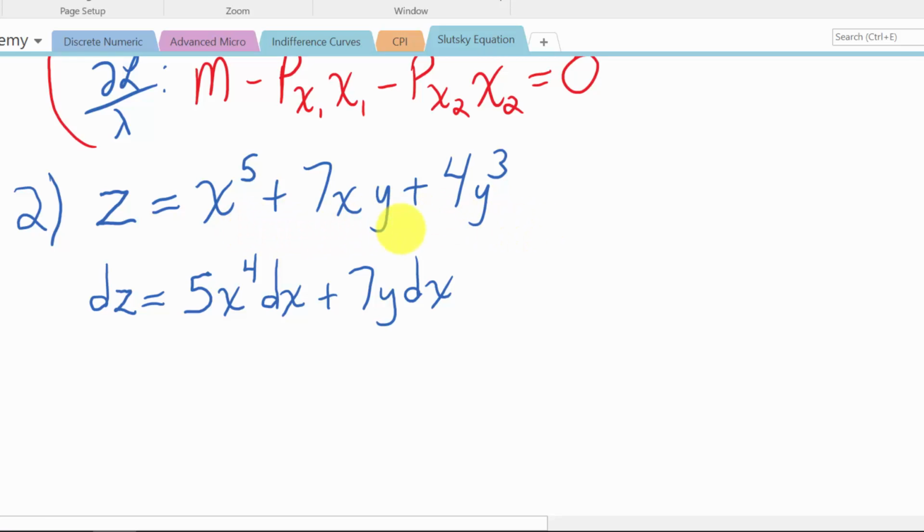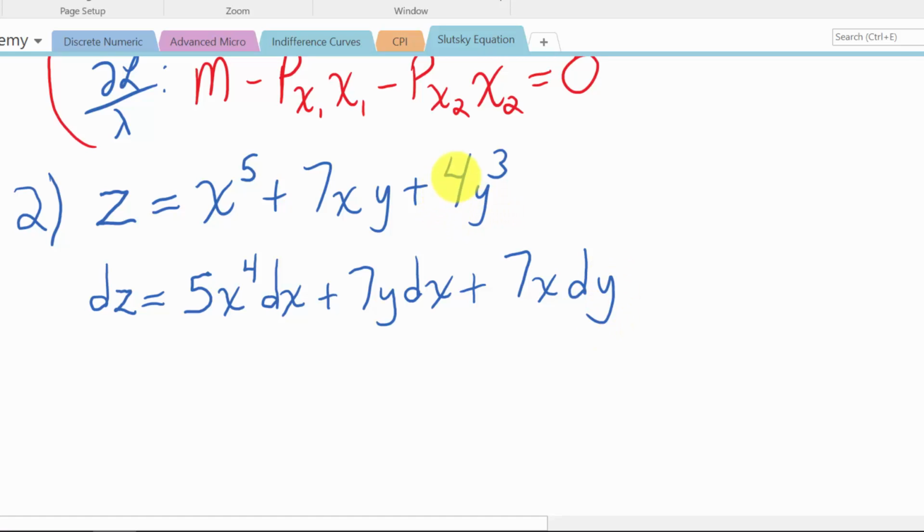So then we go back through and we take the derivative of everything with respect to y. So the second term has a y in it. So we have plus 7x, right? The derivative of this term with respect to y is 7x. But since we're seeing how changes in y affect z, we put a dy there.